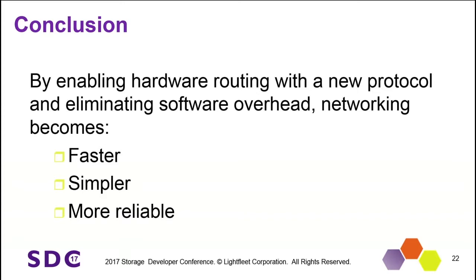So in essence, by eliminating the software from the switches and providing a hardware routing capability, you end up with a network that is much faster, simpler, and far more reliable than anything that's out there today.